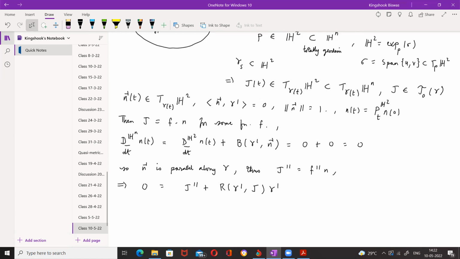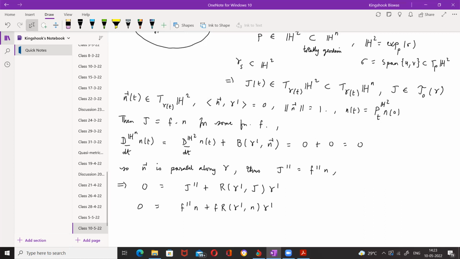Therefore, 0 is equal to this J double prime, which is f double prime N, plus R, and J is fN. So I'll get an f coming out: f R(N, gamma prime) gamma prime.